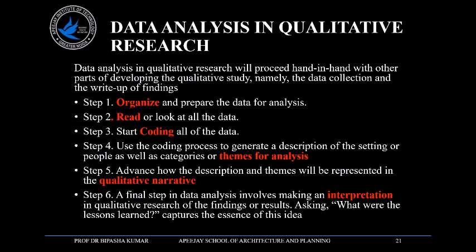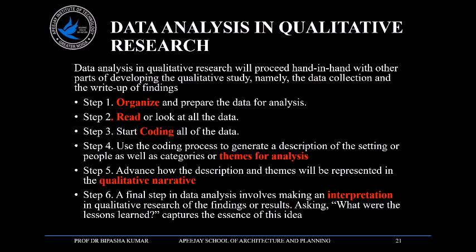Step 5 is to advance how the description of the themes will be represented in the qualitative narrative. So the narrative passages are the most popular approach to convey the findings of the analysis, which could be strengthened through illustrations, figures, and tables, etc. And finally, step 6 involves making an interpretation in qualitative research of the findings or results, and finally asking what the lessons learned were, which captures the essence of this idea.